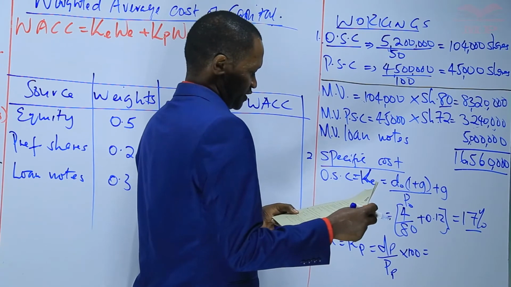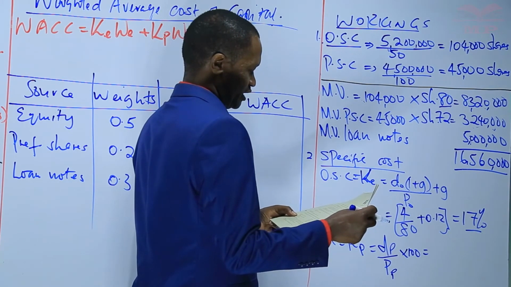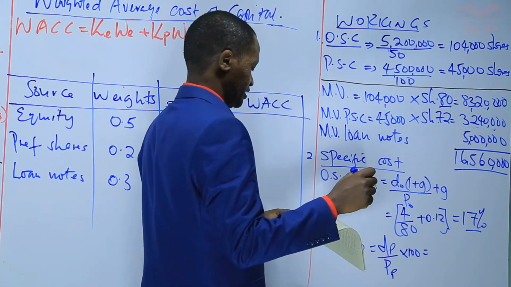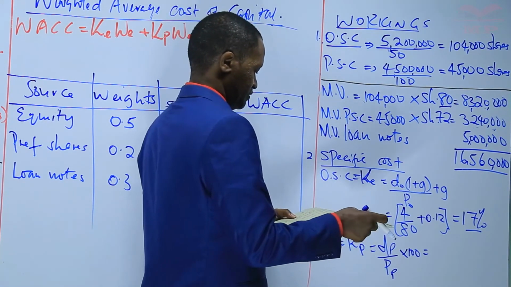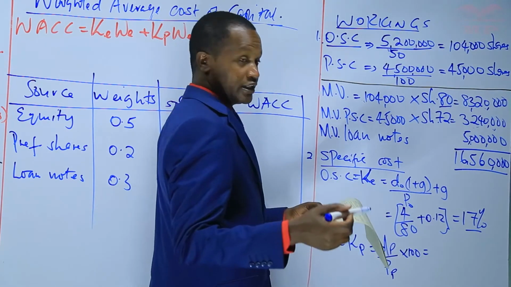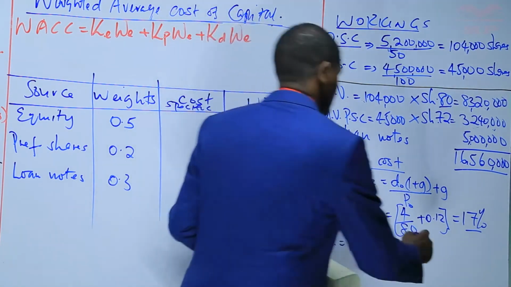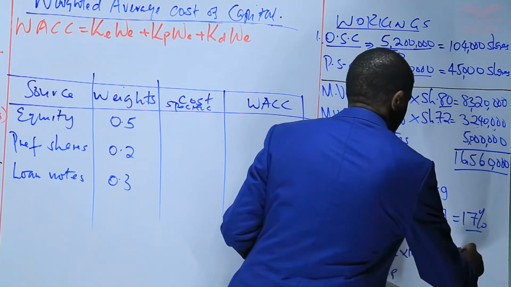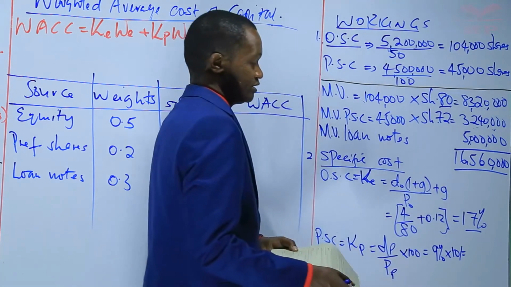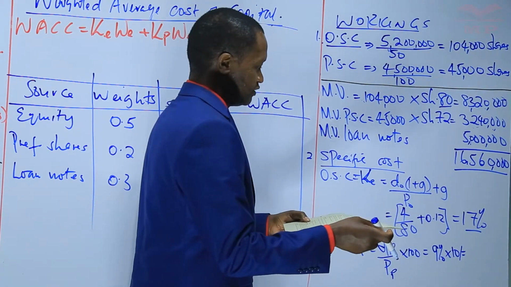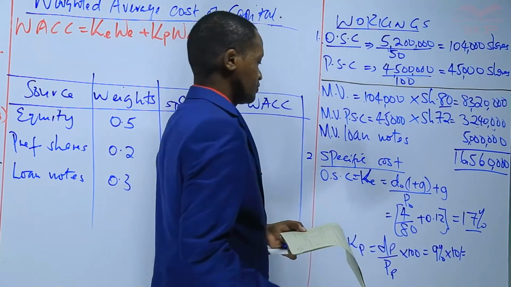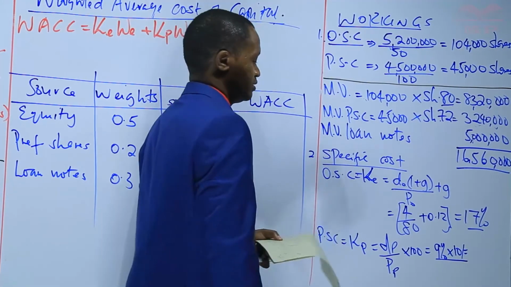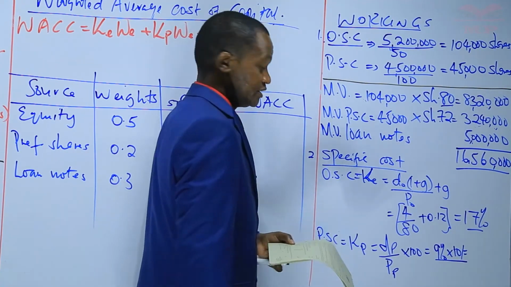The cost of preference shares is shown there. We've seen 9% preference shares. When we multiply by 100, we get the cost in shillings. So that is 9% times 10 shillings. That will give us the dividend.